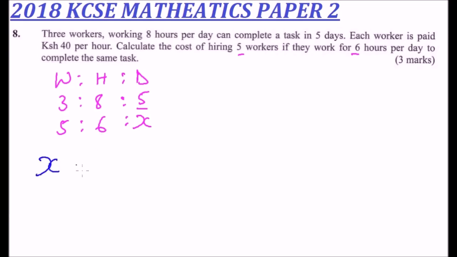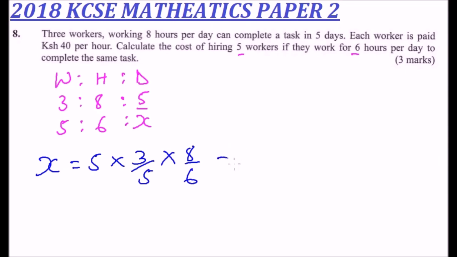So we say our x equals 5. What will happen to the number of days when we increase the workers? When we increase the workers, the number of days should reduce by the ratio of 3:5, multiplied by, when you decrease the number of hours, the number of days should increase in the same ratio of 8:6.